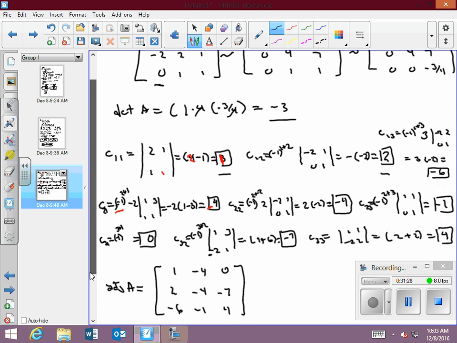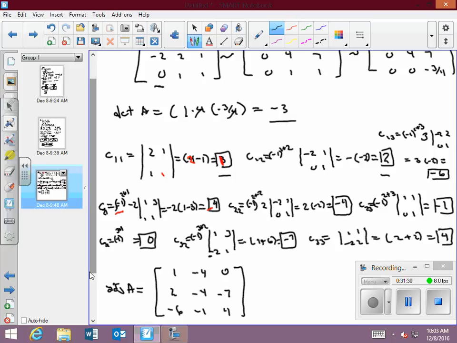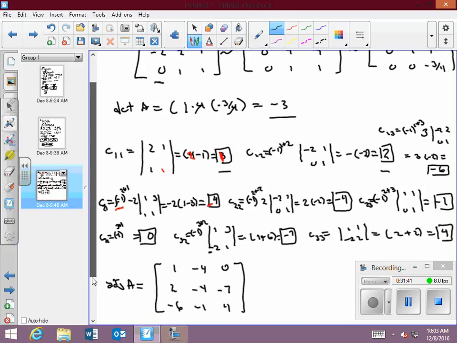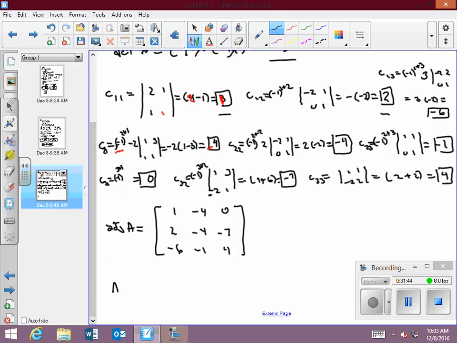We said the determinant, now that theorem says the inverse, A inverse equals 1 over the determinant of A times the adjoint.